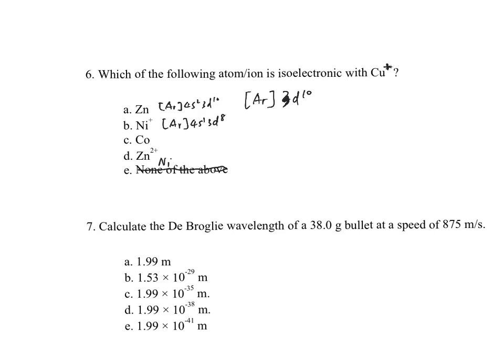Cobalt doesn't even have the correct electron count, argon 4s2 3d7. Zinc 2 plus, though, means losing those two 4s electrons: argon 3d10. That is your correct answer.